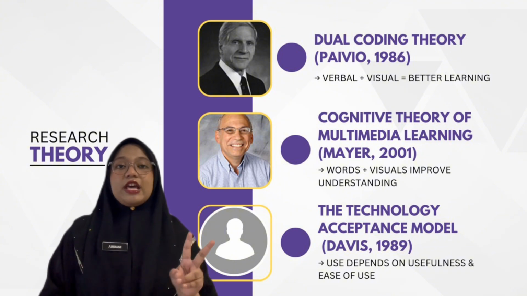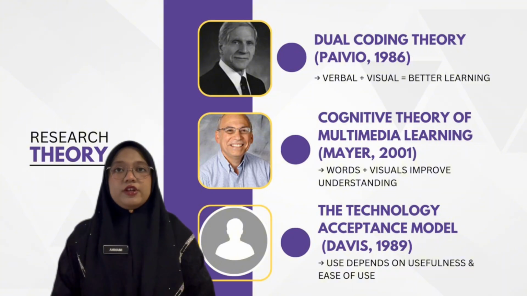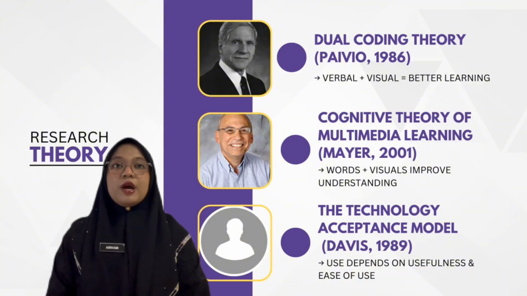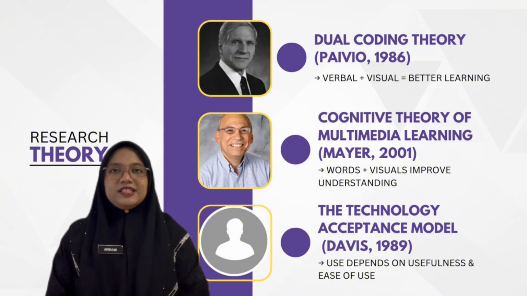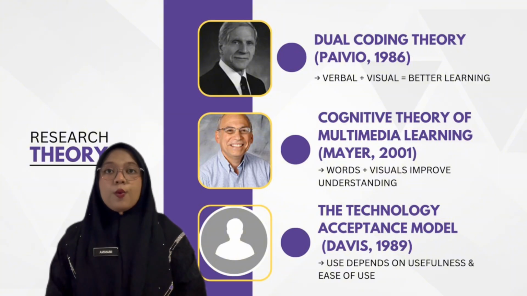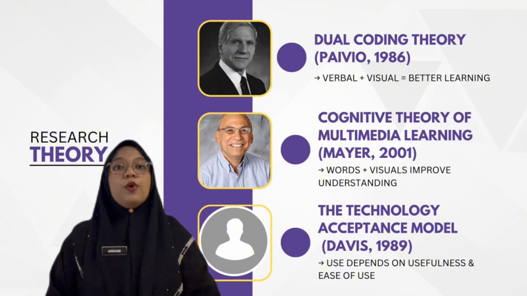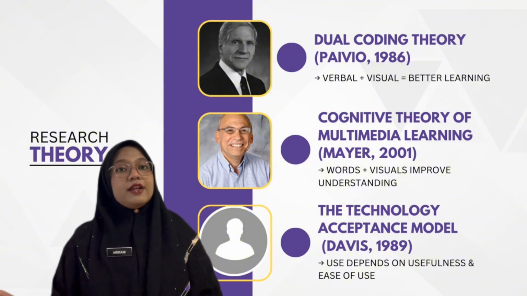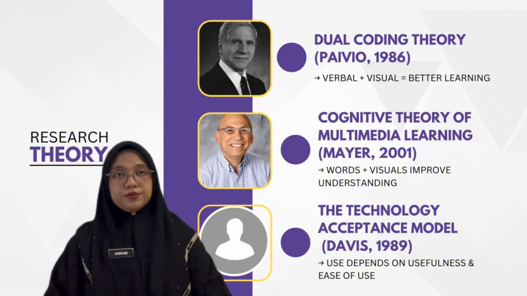The second theory that I have chosen is the cognitive theory of multimedia learning by Mayer. This theory suggests that learners understand information better when it is presented using both words and visuals rather than words alone.